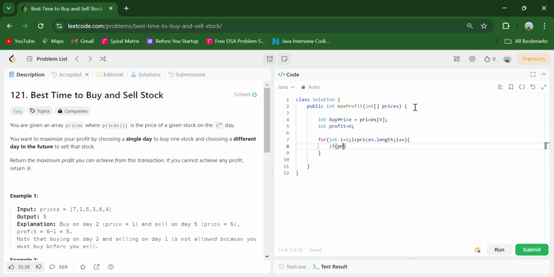And if the price on the other day is less than our buy price, we are going to update the buy price.